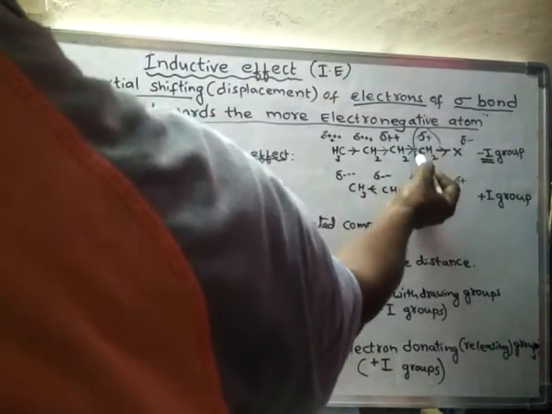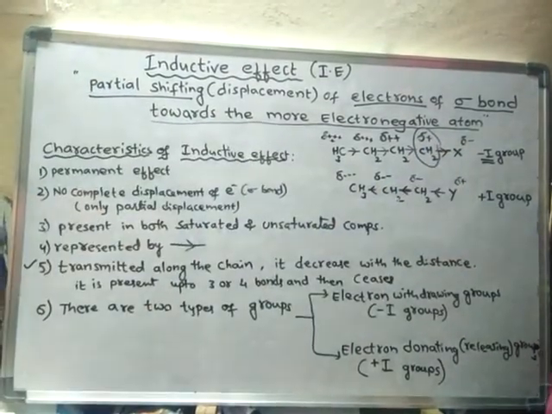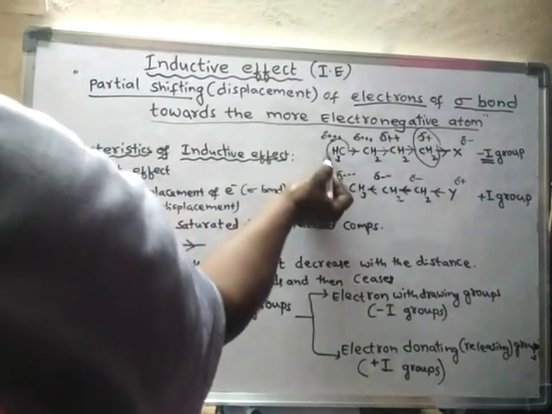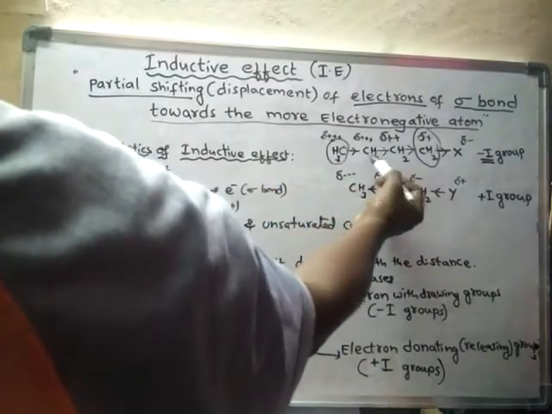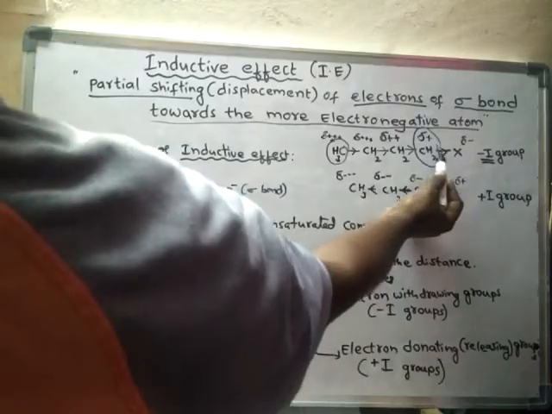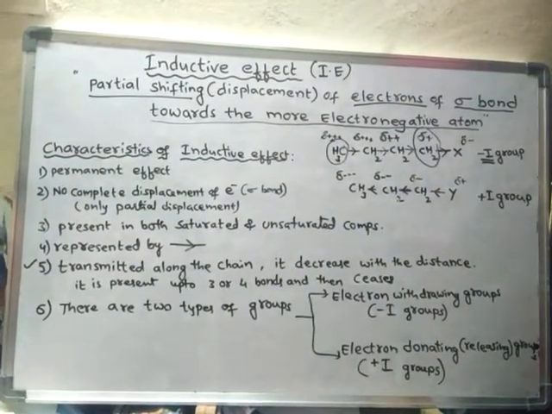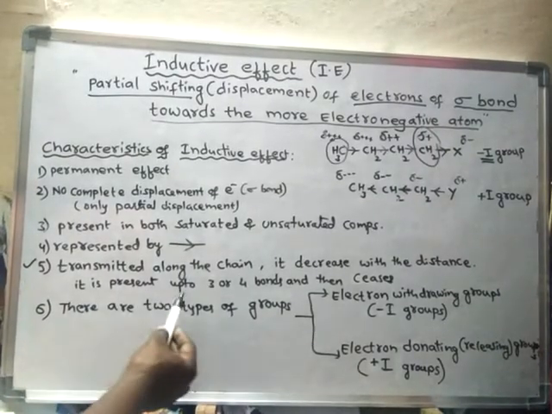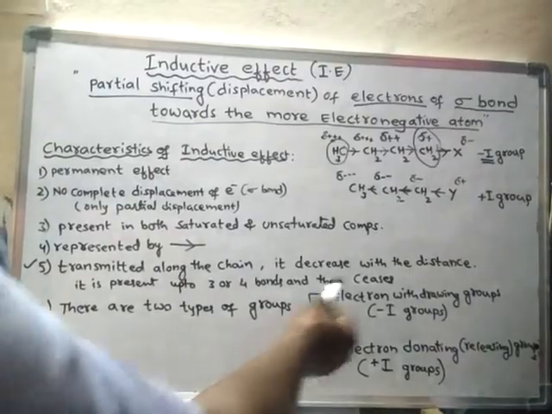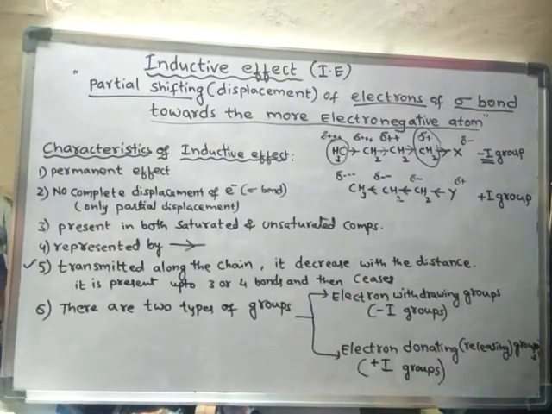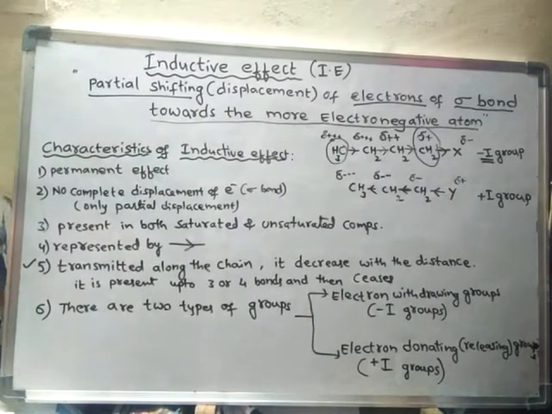On this carbon, the inductive effect is felt more, whereas on the fourth carbon, as the distance increases and the number of bonds increases, the effect is felt less. It is present up to 3 or 4 bonds, and then ceases, disappears after 3 or 4 bonds.